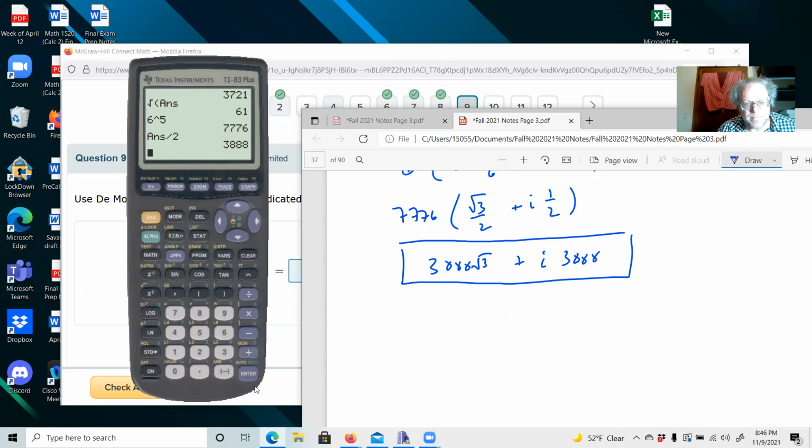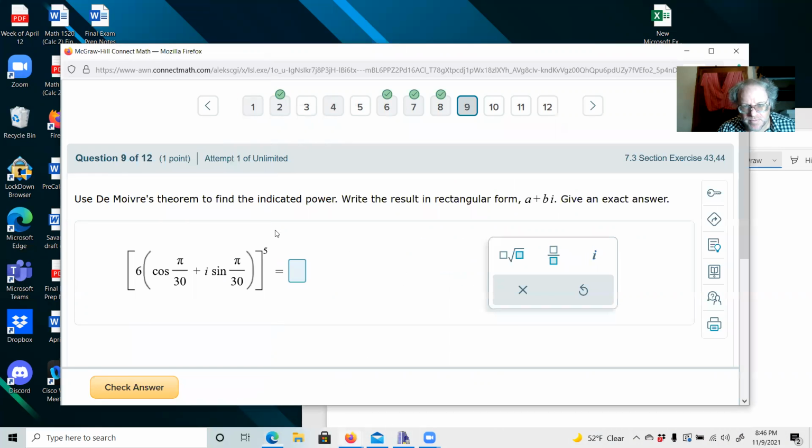So this was 3888 times the square root of 3 plus i, and then we just have 3888. We could write it here. That's fine. Okay. And there we go.